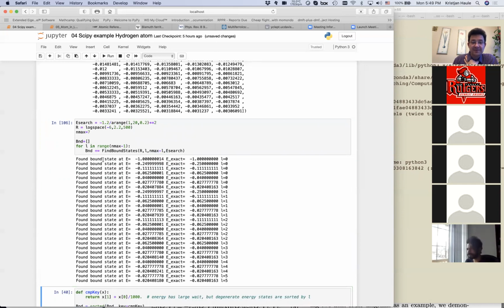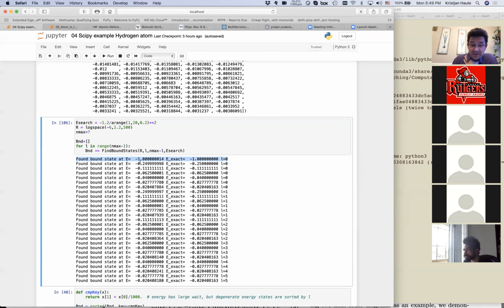First we do it for L equal to 0. We get the bound state at energy minus 1. The exact energy is exactly minus 1, but our approximation is minus 1 and then 1, 2, 3, 4, 5, 6, 7 zeros, so our error bar is 10 to the minus 8. Pretty decent total energy.